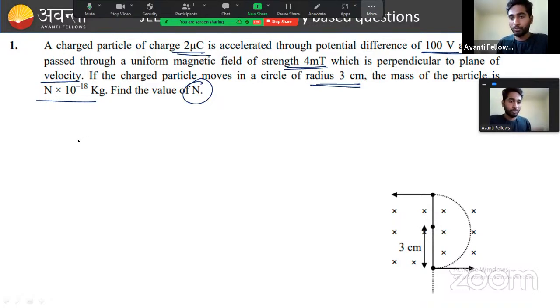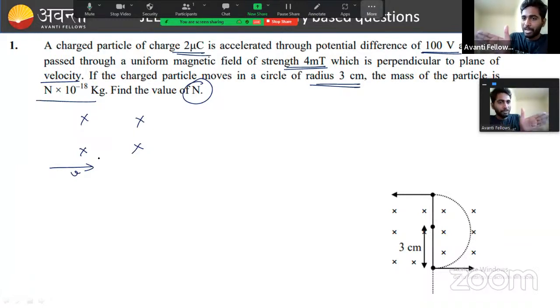Guys, you might know one thing. When we throw a charged particle into an external magnetic field, suppose this is the velocity of the particle and the magnetic field is inward. On this charged particle, the force will be acting in the upward direction if the charge is positive.